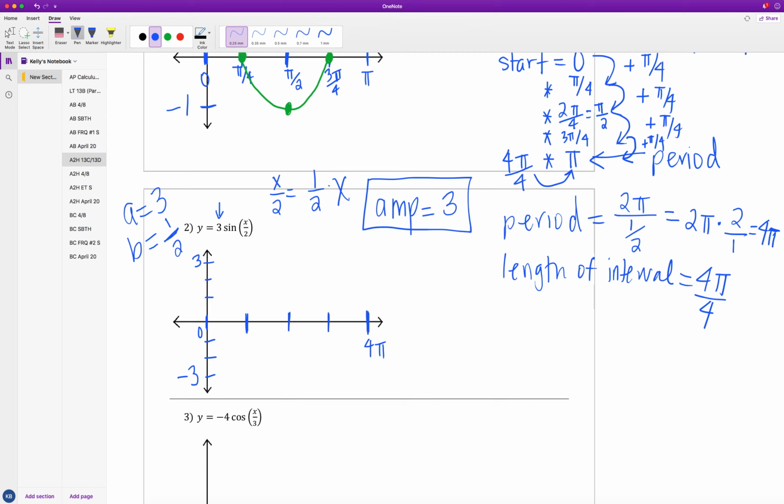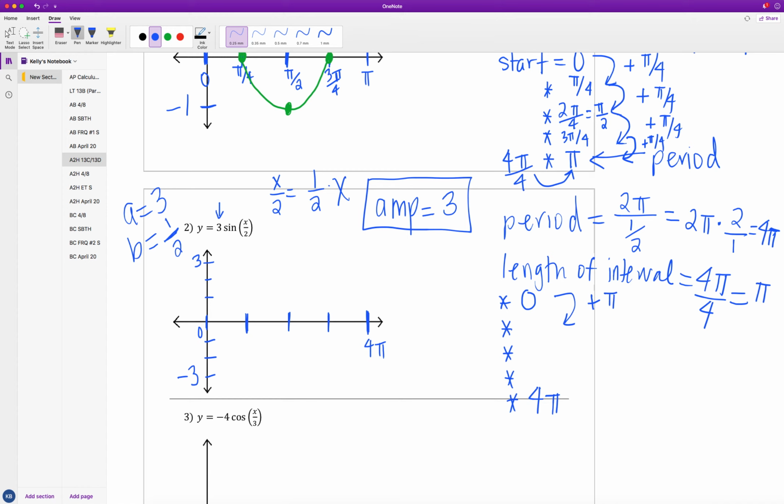Well, 4 pi over 4 reduces down nicely to pi. So when I go to find these 5 points, if I write out my 5 spots as I'm thinking through these, I know I'm always starting at 0, and I'm ending at our period. So in this case, I'm ending at 4 pi. To get from one point to the next, I need to add that length of interval, so I'm going to add pi each time.